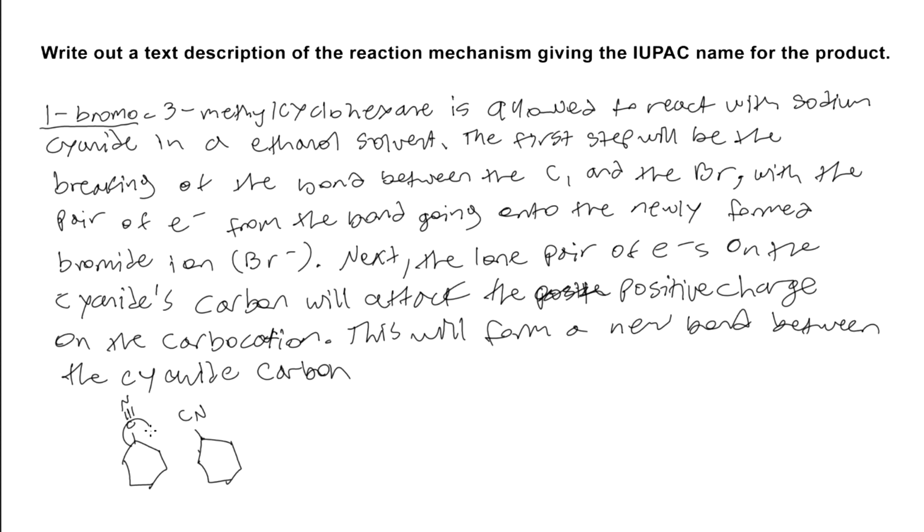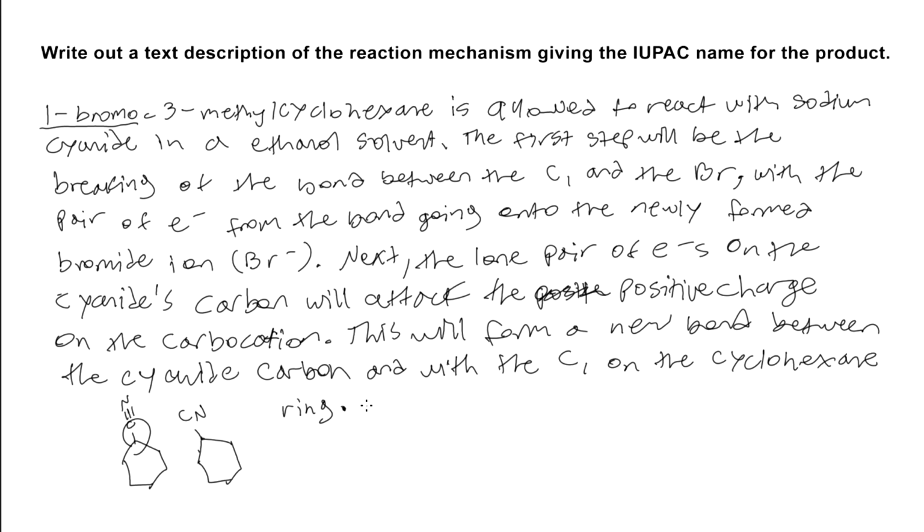So it's actually the carbon that's being bonded, so we need to specify that in our text description here. And then we also have to specify where it is, and with the first position carbon on the cyclohexane ring. So we've stated all of that.